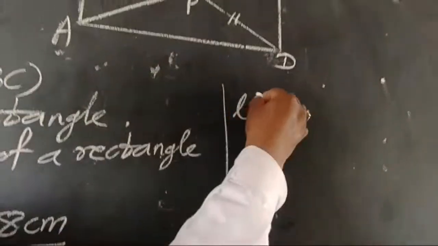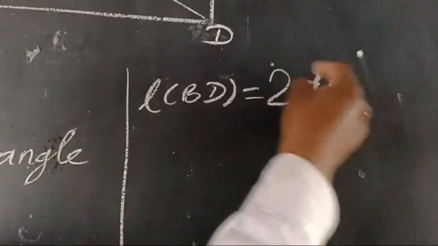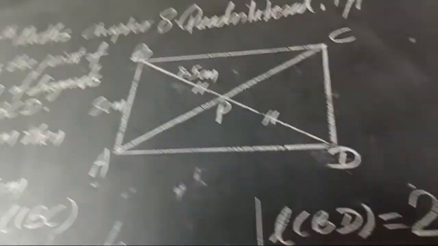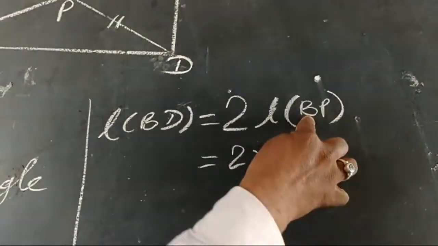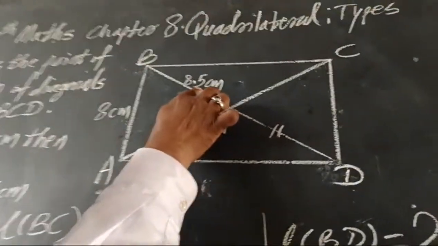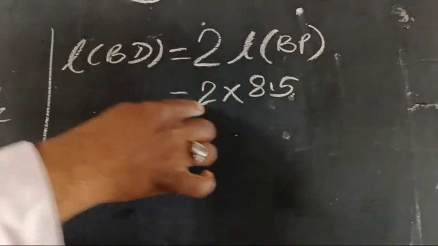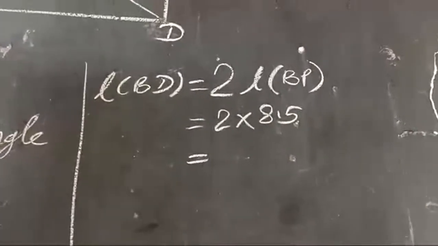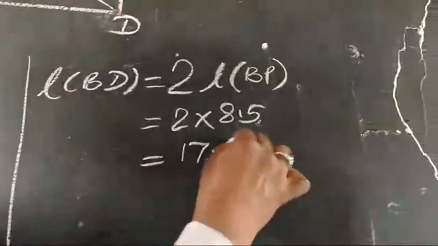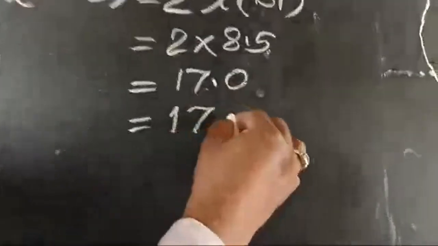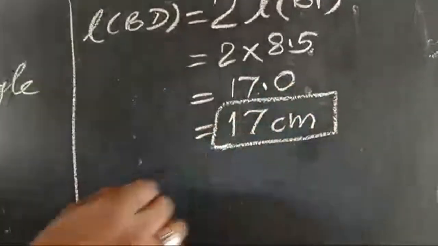Yes, length BD is 2 times the small part, that is length BP, so BD is equal to 2 into length BP, which is given as 8.5. 8.5 into 2, what is the multiplication? Yes, 17.0, that is 17, and the unit is centimeter.